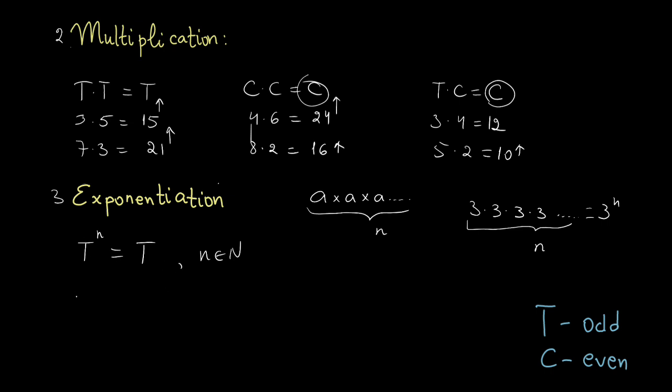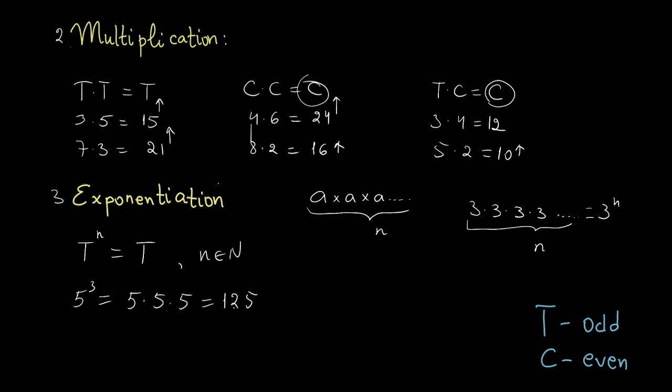And let's take a look. 5 to the power of 3 means multiplying 5 by itself 3 times, which equals 125. We can see that 5 was an odd number and its nth power is also an odd number.